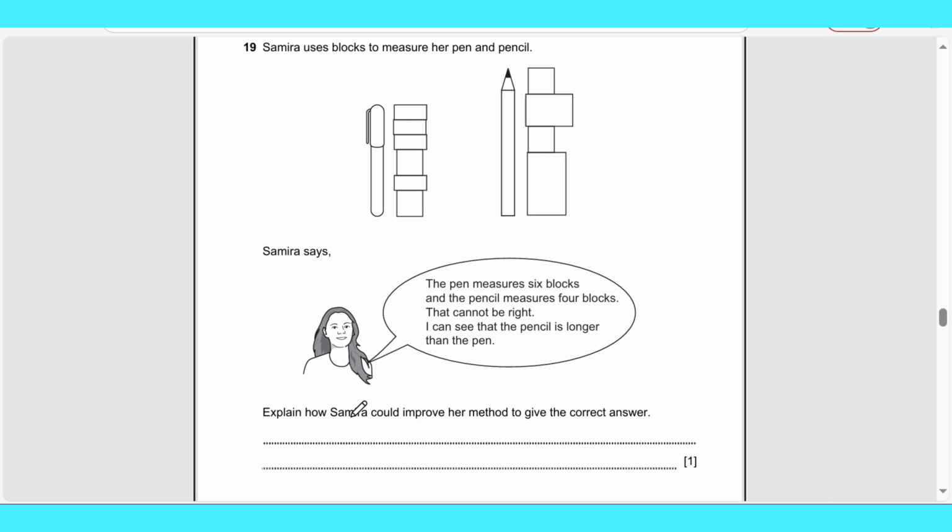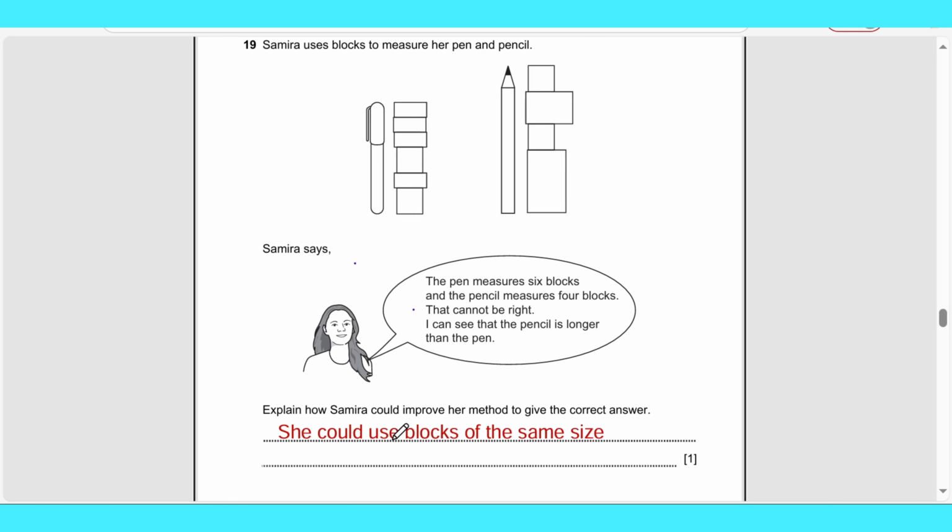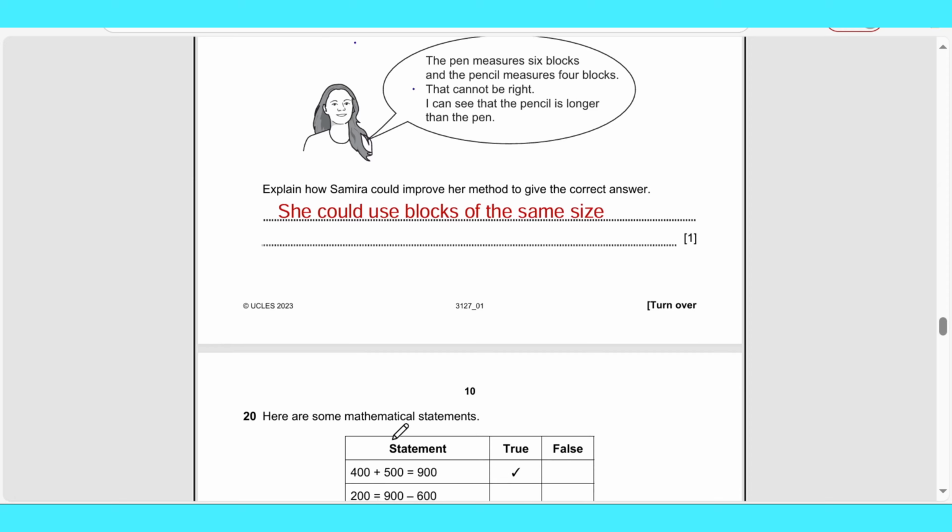So explain how Samira could improve her method to give the correct answer. Okay, let's check out the answer, guys. So the answer for this will be she could use blocks of the same size. Alright, so that's how she can improve her measurement.